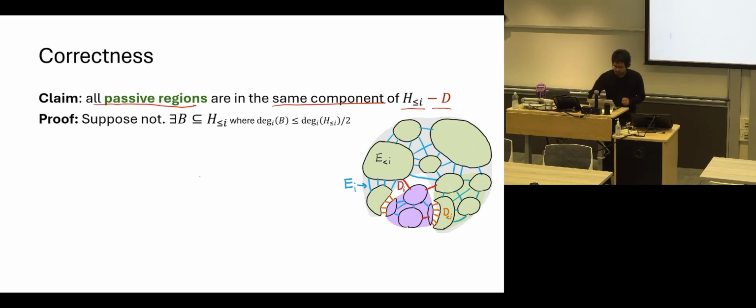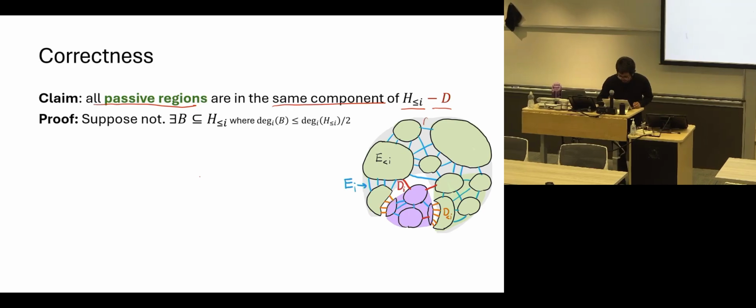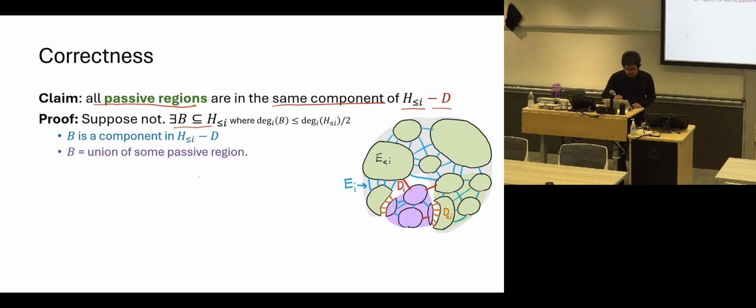Suppose that the passive regions here are not connected somehow, that they can be separated. Then there exists some set B such that B is a component, and B is a union of passive regions.